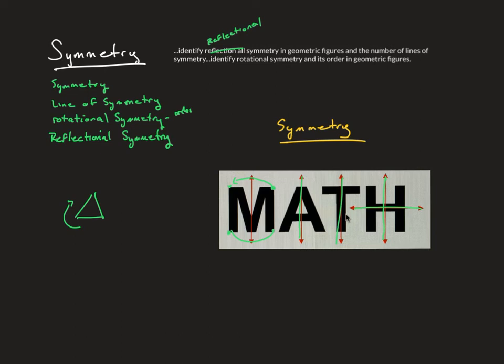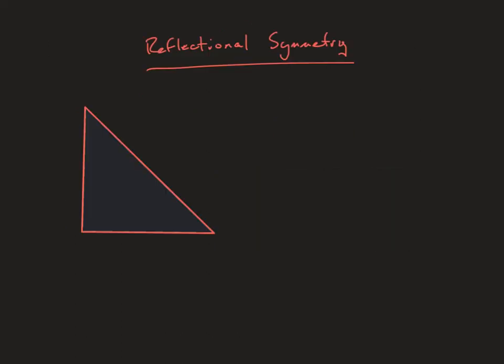So as we talk again about reflectional symmetry, this is a characteristic of a geometric figure to map onto itself across a line of symmetry. I've taken this image of a triangle, and if we had an imaginary line of symmetry right here, we want to also identify that it is a perfect square.